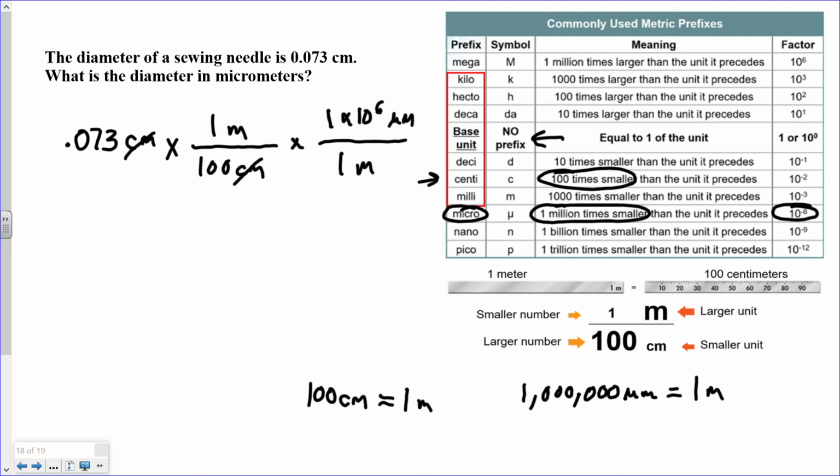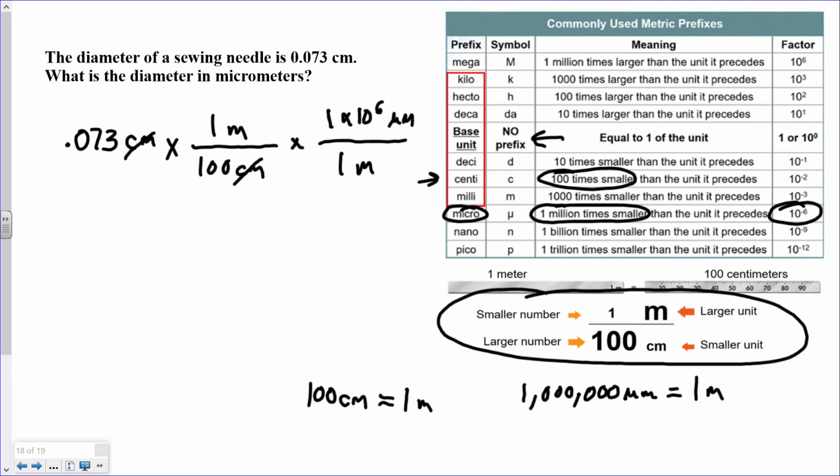And again, using our little visual representation here, micrometers are very, very small units. So I would need to have a large amount of them to equal 1 meter. So the fact that I have 1 times 10 to the 6th, which is a very large number, makes sense. That's why we don't use the negative 6 in this case.